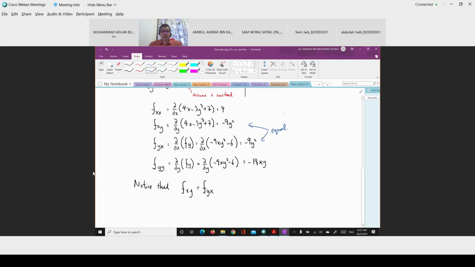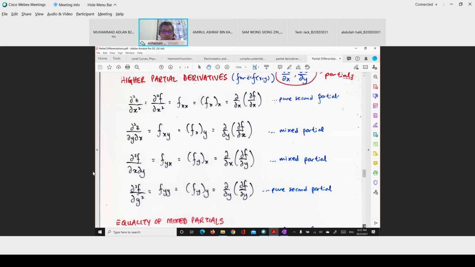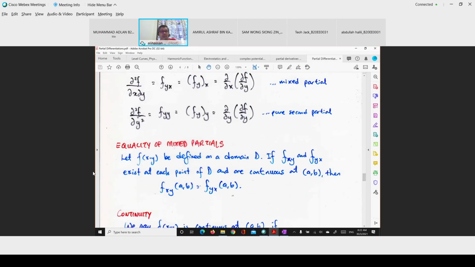That is true in general, provided a certain condition is satisfied. This is the equality of mixed partials. Let f of x, y be defined on a domain D. If f partial x partial y and f partial y partial x exist at each point of D and are continuous at a point (a, b), then the mixed partials there are equal.